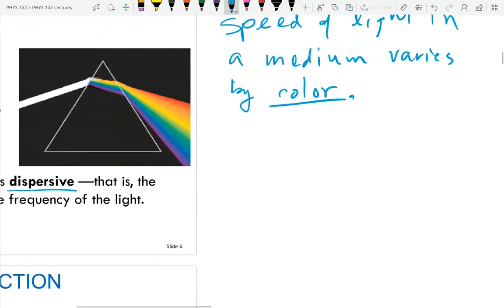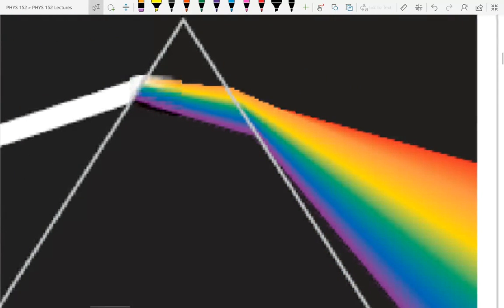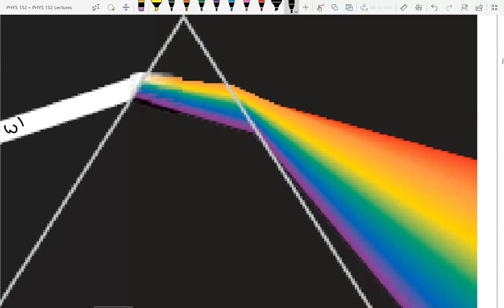And so if we look at the light going through here, we see that white light actually contains all of the colors of the rainbow. So that's all of the colors mixed together in roughly equal proportions.